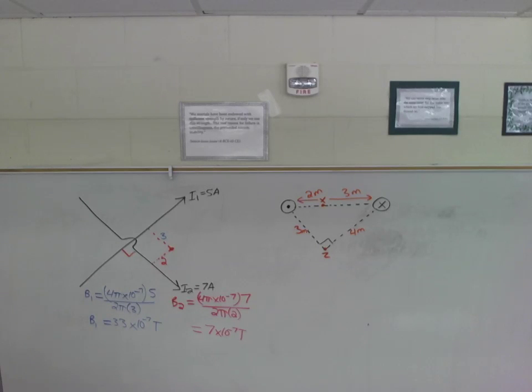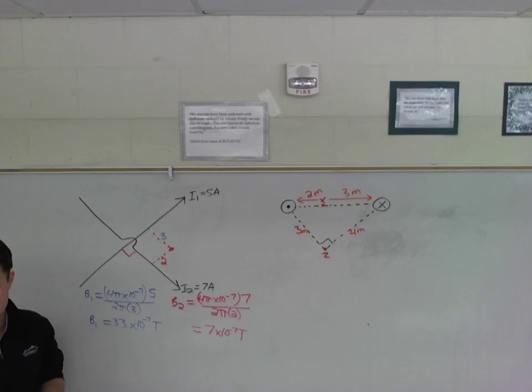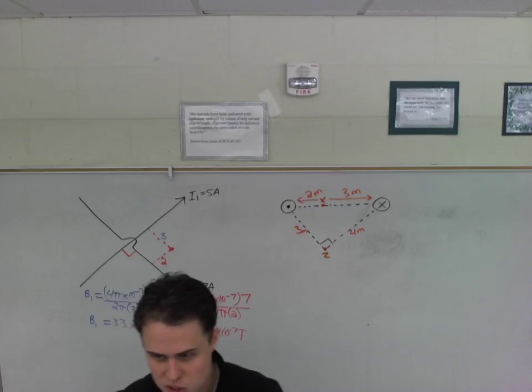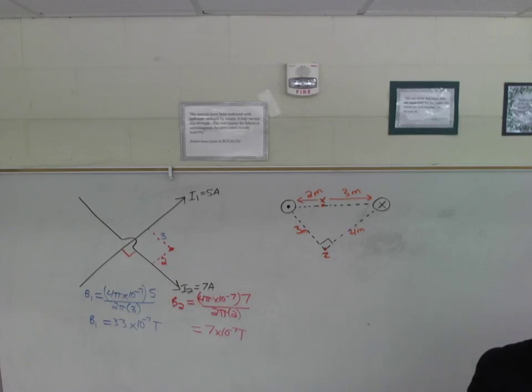Okay, so now we've got to think about how those interact with each other. Now remember, these are vectors, aren't they? These are not scalars. As you could see on that previous thing in the handout, they're vectors. The vectors could either completely add, or completely subtract from each other, trying to cancel each other out, or if there's an angle in there, you'd have to do what we've always done with vectors.